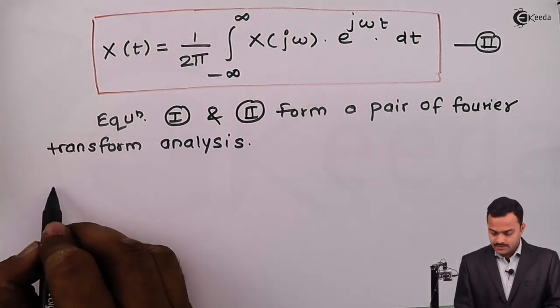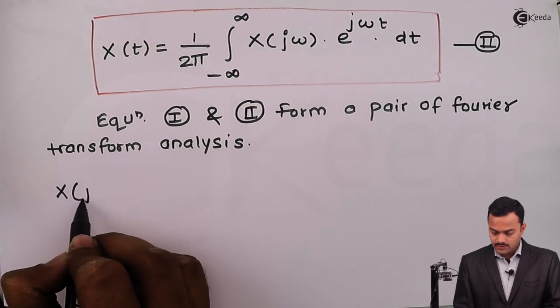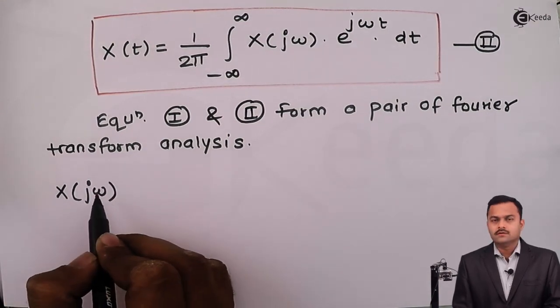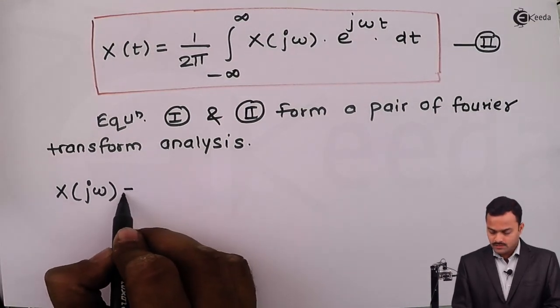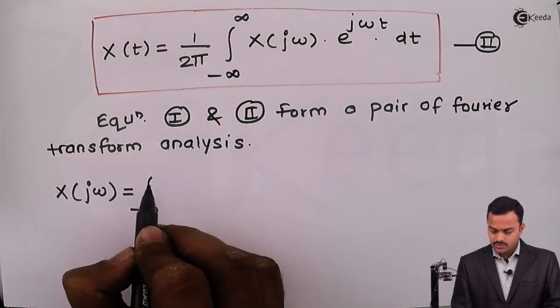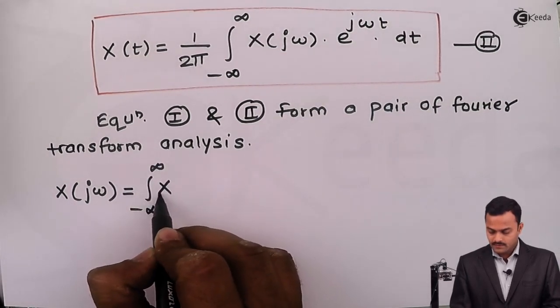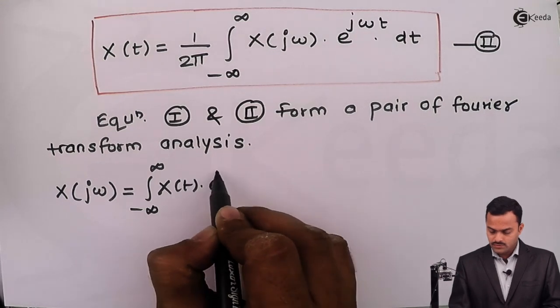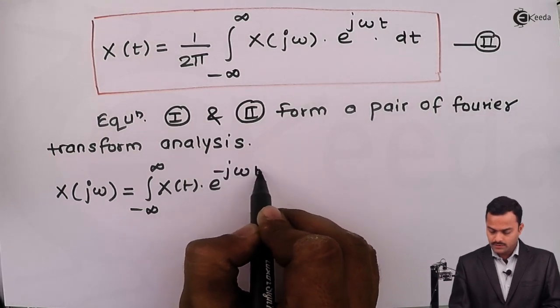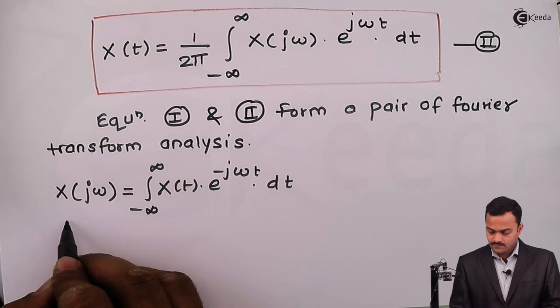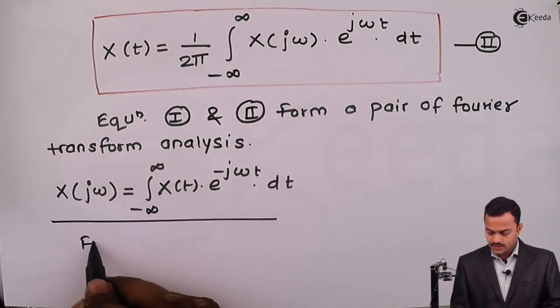Out of that, equation number 1, X of j omega equal to the integral from minus infinity to infinity of x of t into e raised to minus j omega t dt, is called the Fourier transform.